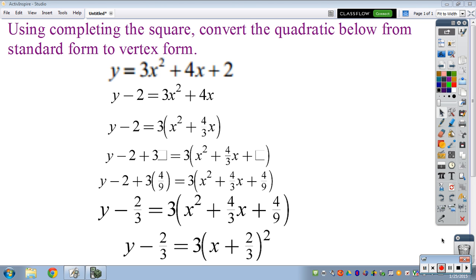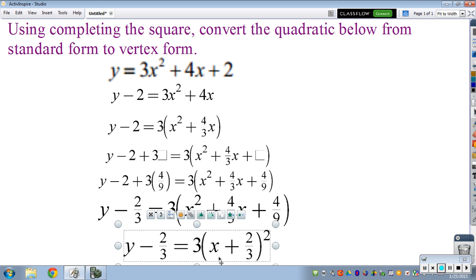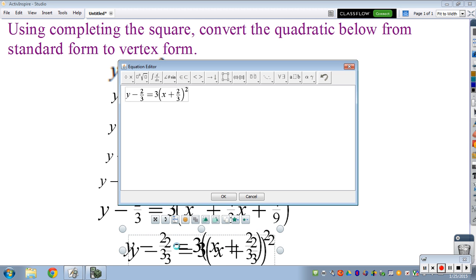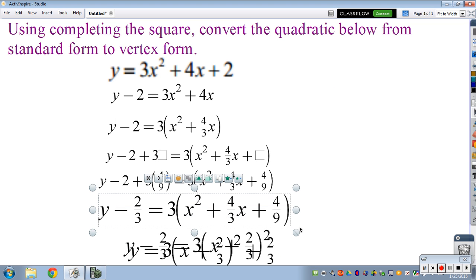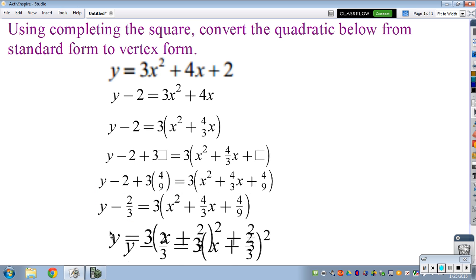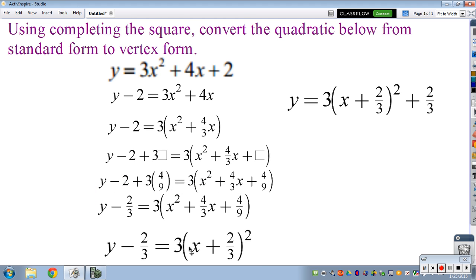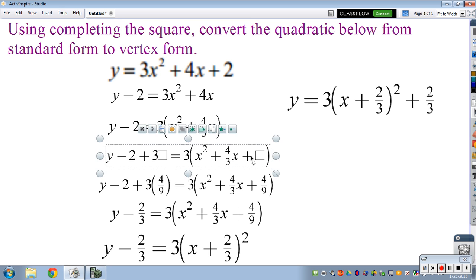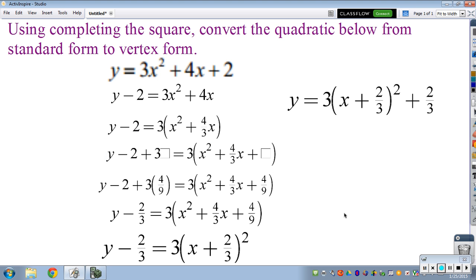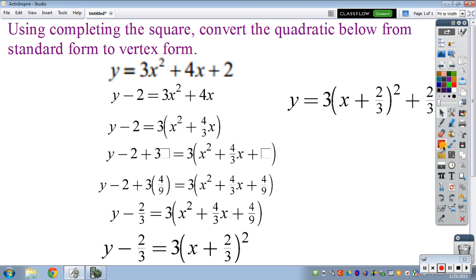And so my result would look like this. y equals 3 times x plus 2/3 all squared plus 2/3. And that would be my final answer.